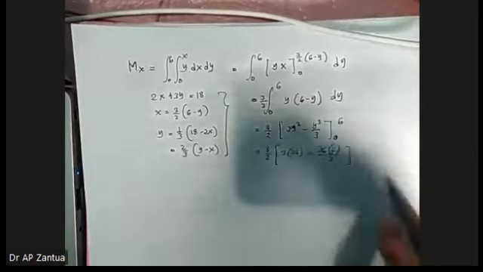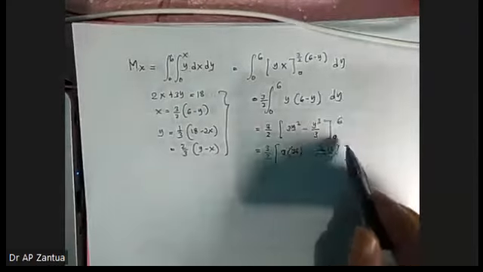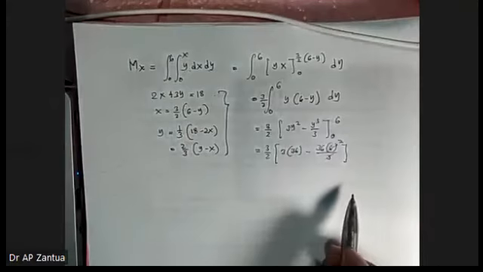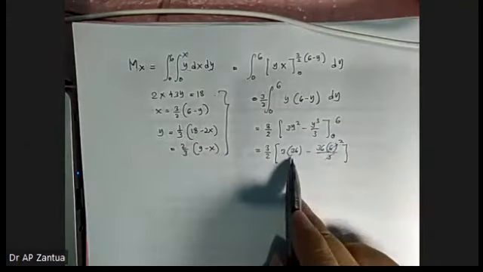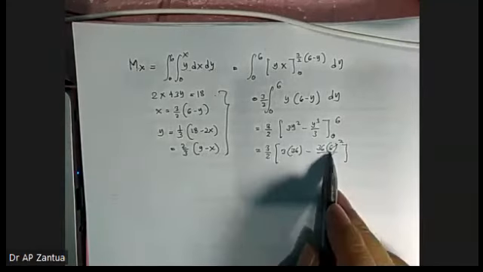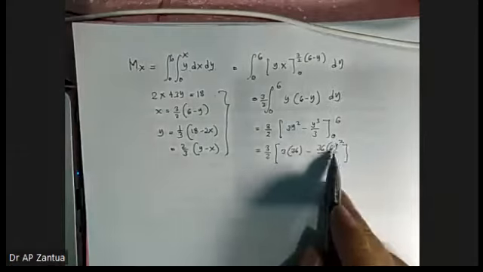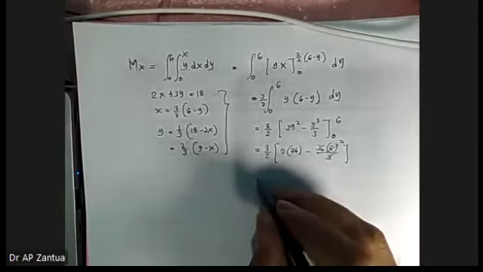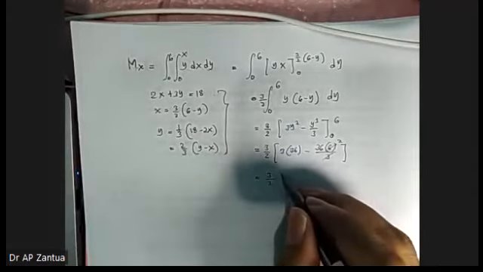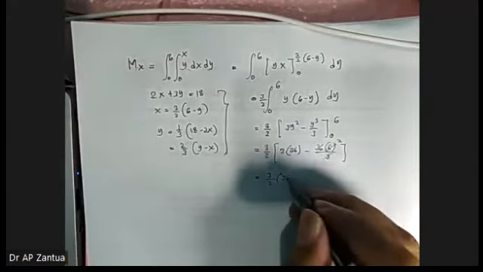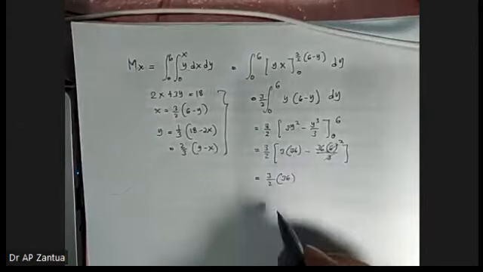Cancel, this will become 2. So 36 times 1, because 3 minus 2 is 1. So 36 times 1 is 36.